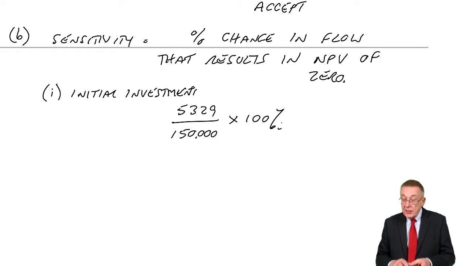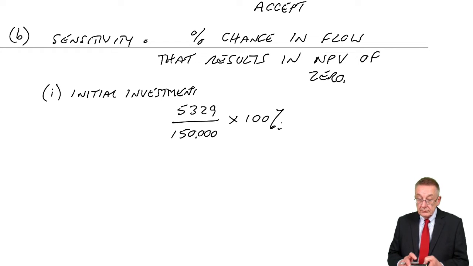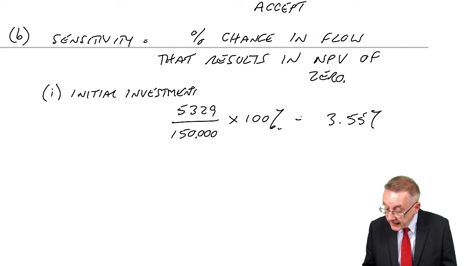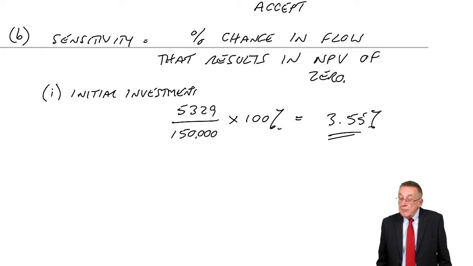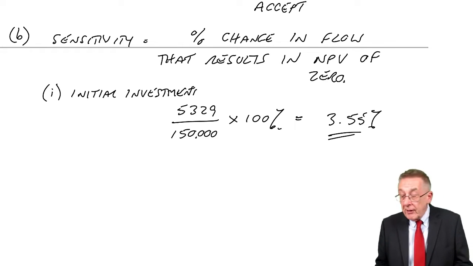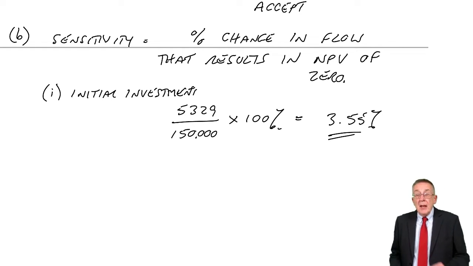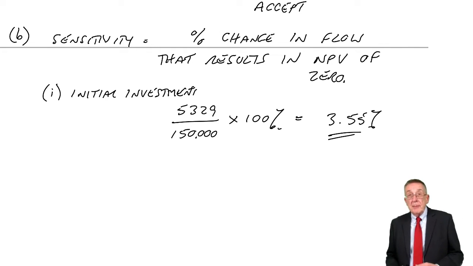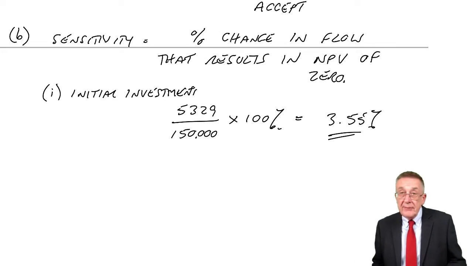In percentage terms, it would have to change by 3.55%. That's the sensitivity. It means if it changed by less than 3.55%, the project's still worth doing. But if it was ever going to change by more than 3.55%, then the NPV would be negative.